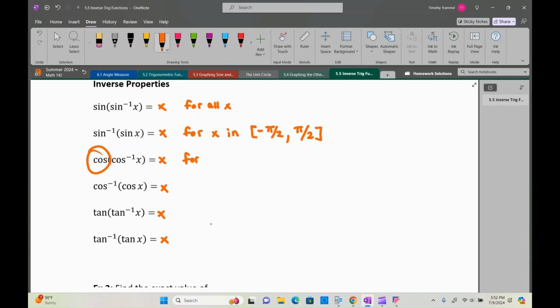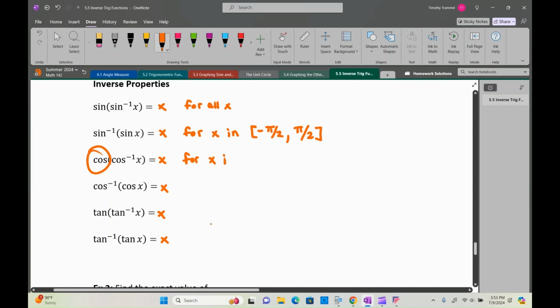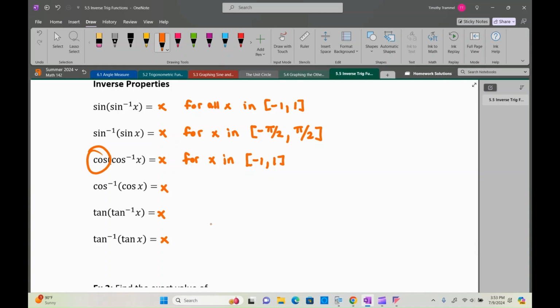Those are technically in between -1 and 1. If we go outside of 1 and -1, it's not that these trig functions aren't going to work the way we expect. They're just going to be undefined.